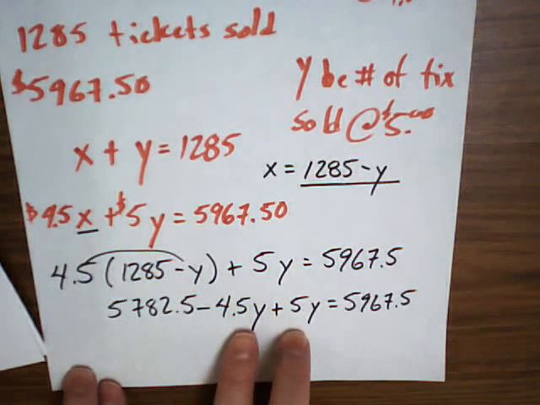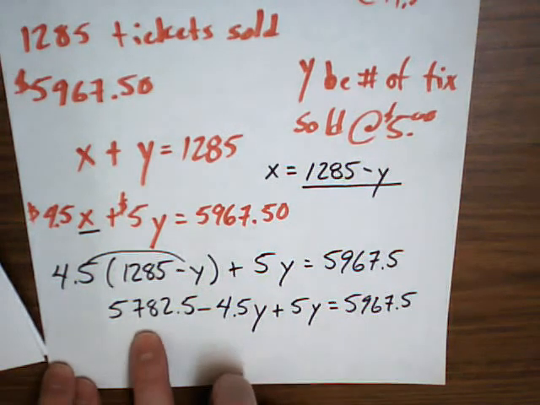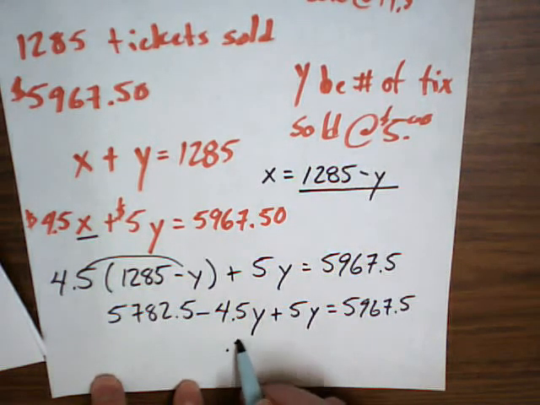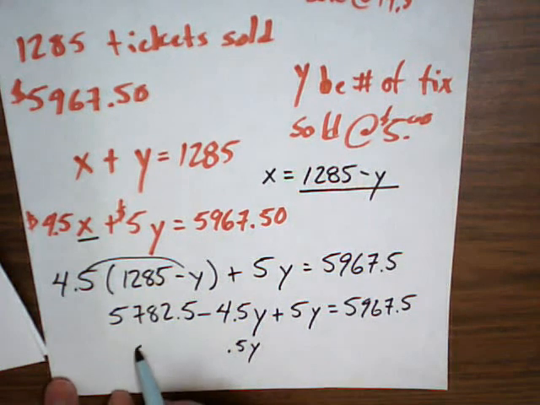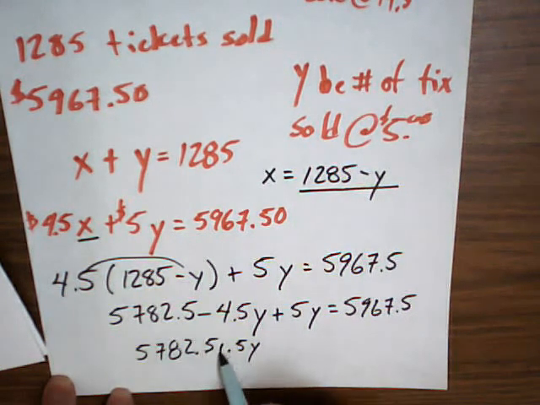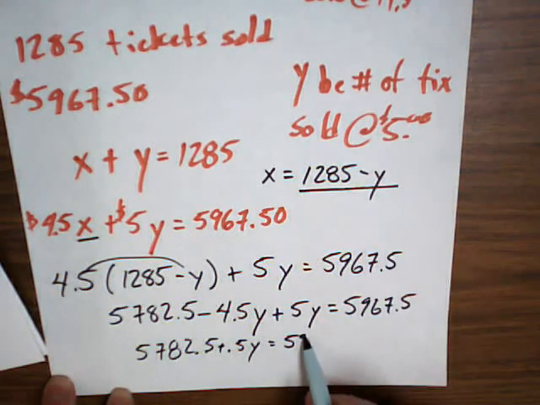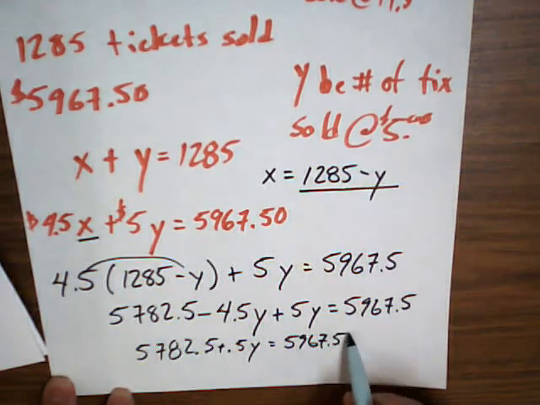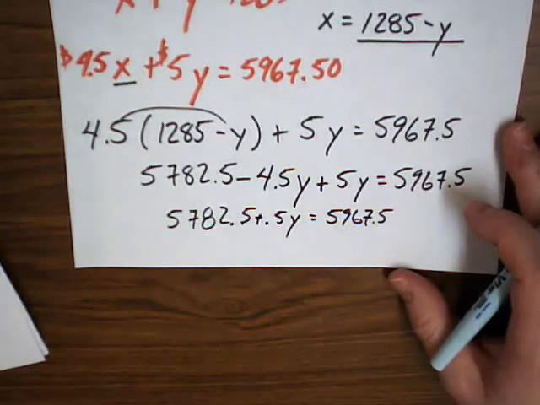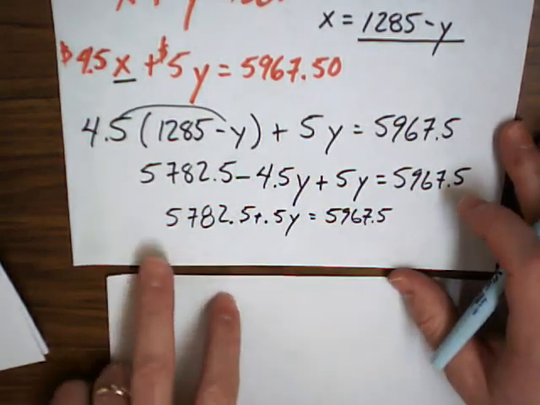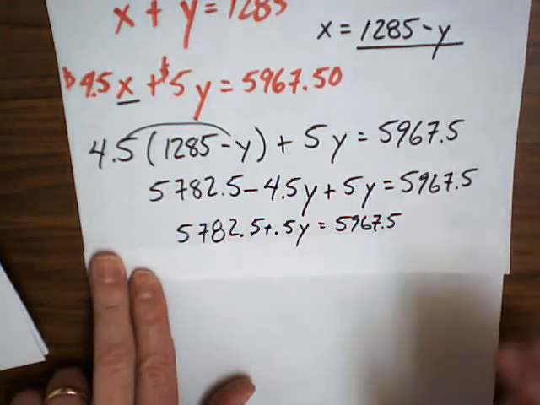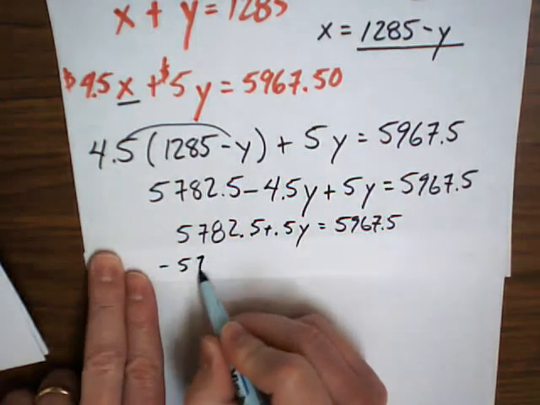So we got to put these together and then subtract that away from both sides. So I'm going to put these together first. That'd be 0.5y. So I'll put those together. And then subtract off that 57.82.